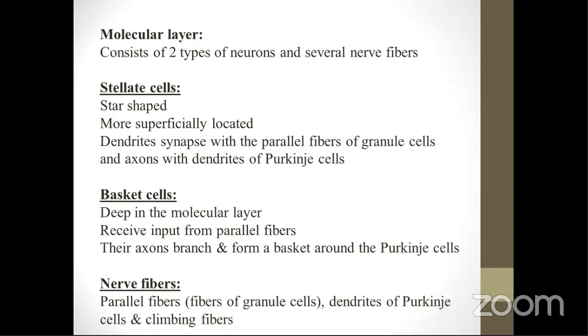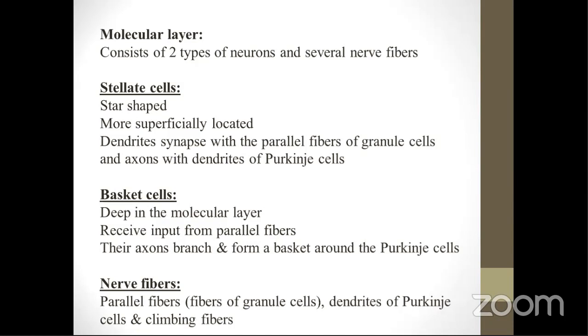Again, this is a detailed description. As it is a long answer question, taking into account how much time you take, I have jotted down some important points which you have to write. The first one is the molecular layer, which has stellate cells, basket cells, and nerve fibers. What are these stellate cells?